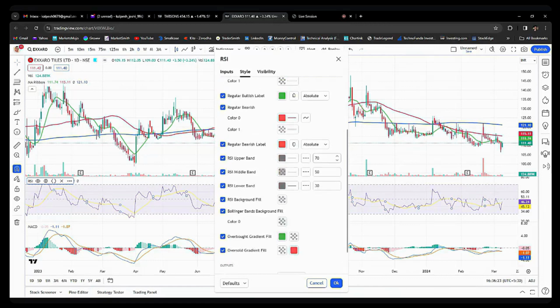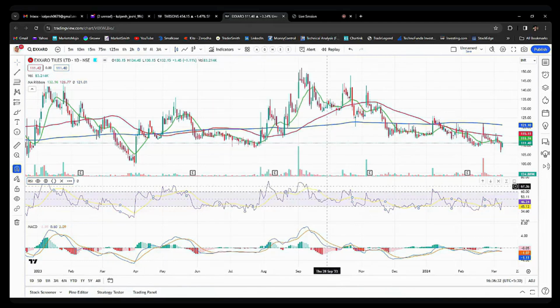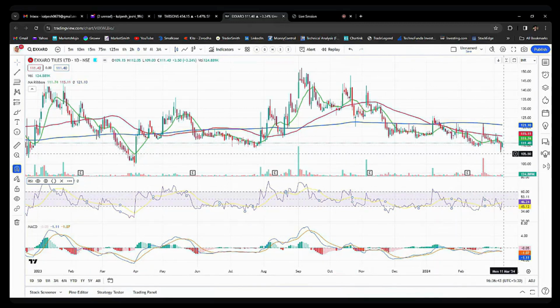This is the upper band of RSI, just keep it at 60, and keep the lower band of RSI at 40. This RSI is also plotted, and we are not making any changes to MACD. These are only to enhance our probability of having a better quality trade.